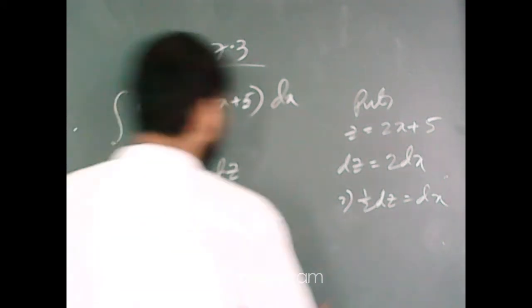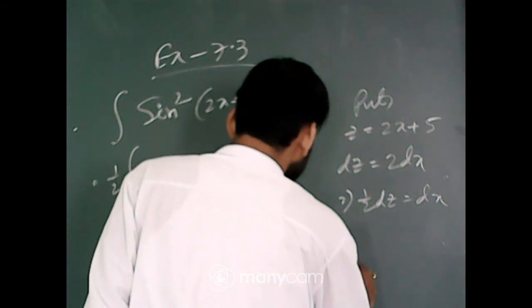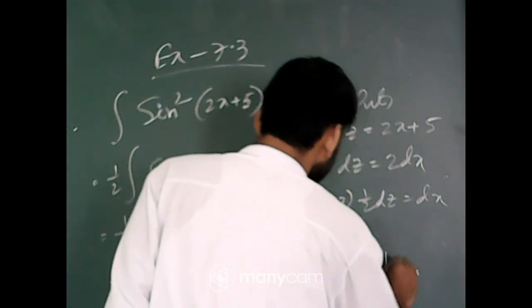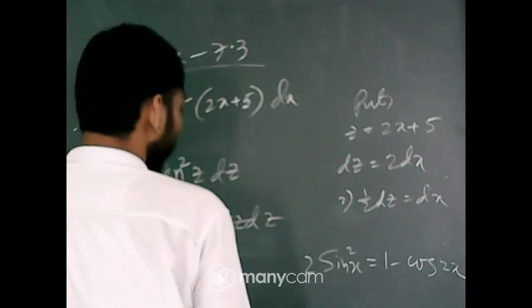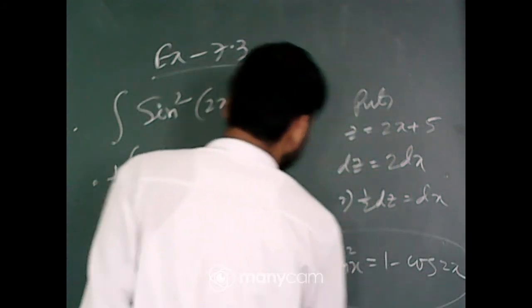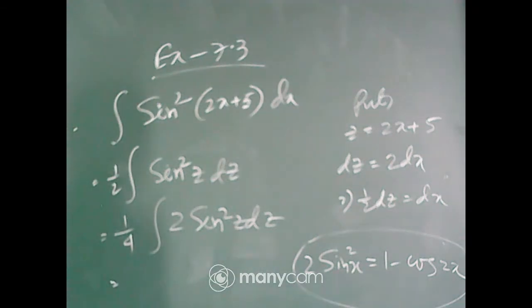So you know that 2 sine square x equals to 1 minus cos 2x. We will use this identity. 2 sine square x equals to 1 minus cos 2x.